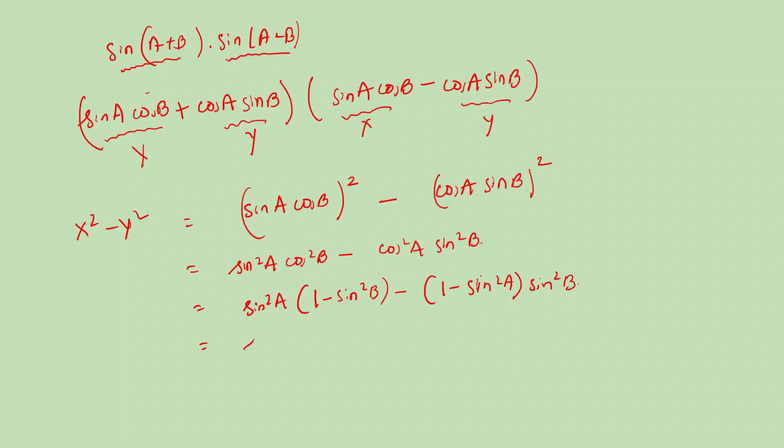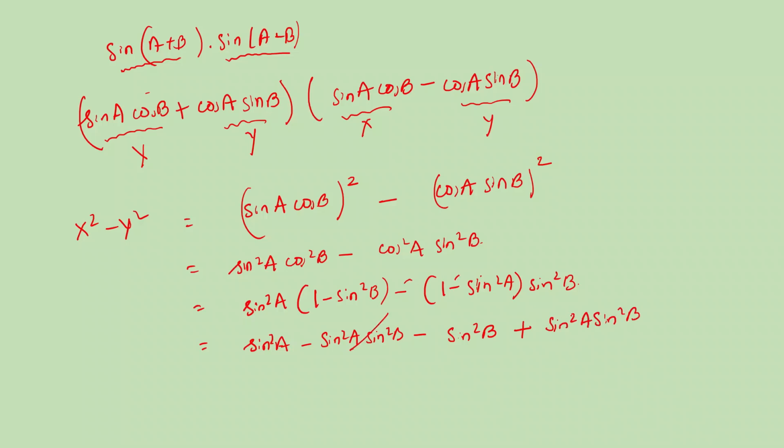Now we open up the brackets, sine square a minus sine square a sine square b minus sine square b plus, because this minus and this minus will be plus, sine square a sine square b.